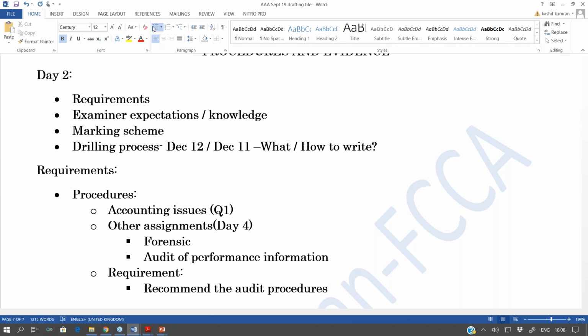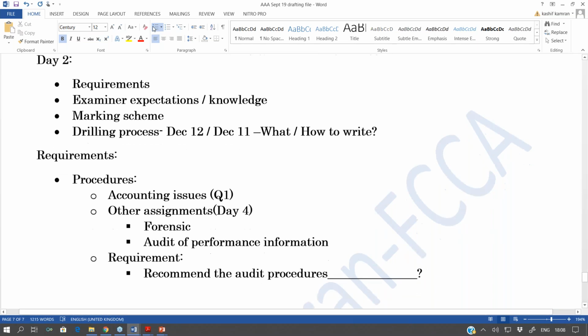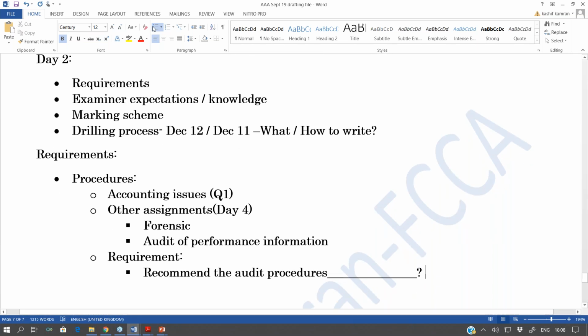There is no complexity, because it's a very simple looking requirement. Recommend the audit procedures on a fill in the blank, and there is a question mark, and the examiner will give you certain marks after the question mark. It might be 5, it might be 7, it might be 9, it might be 10. So recommend the audit procedures. Now, what the examiner expects from you when he gives you the requirement, recommend the audit procedures, I will be covering in the second phase.